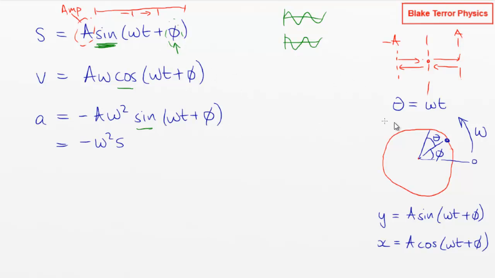That is all it is. So if we change that phi, that's just saying, well, let's change the starting position. You're more or less rotating your axis. It's like taking this 0 and saying, well, maybe we want to have our 0 position down here. So we've changed phi, and all of a sudden we're now looking at cos rather than sine. There's no difference between what we're picking here.